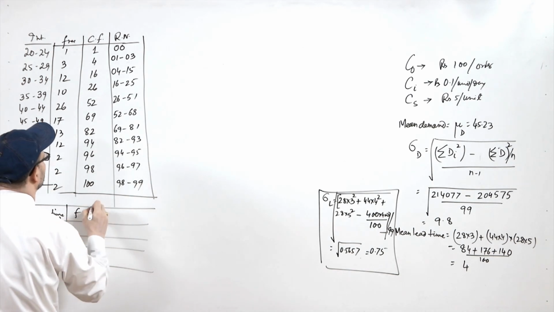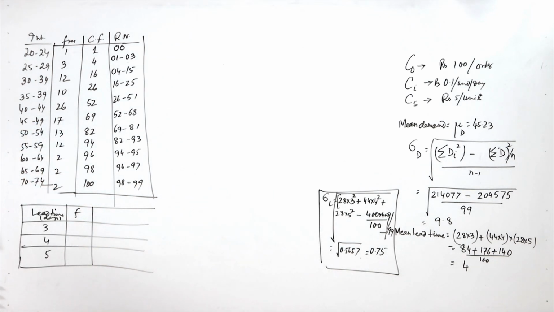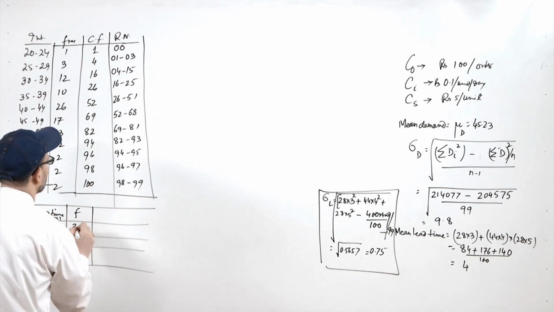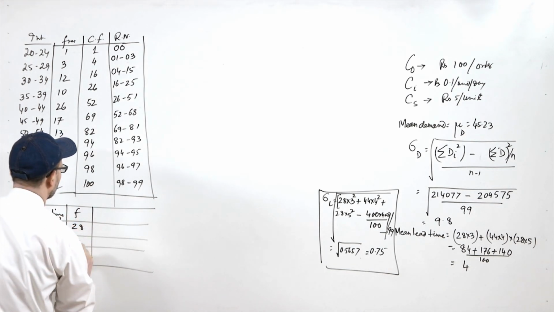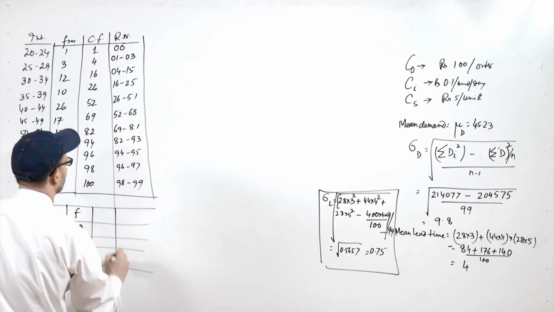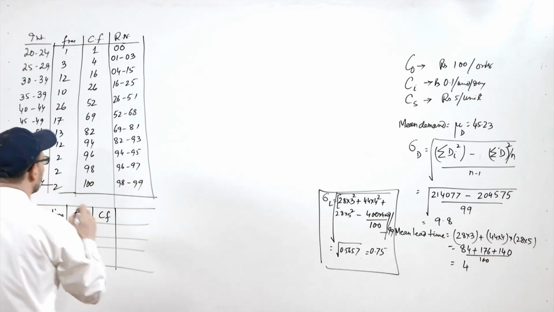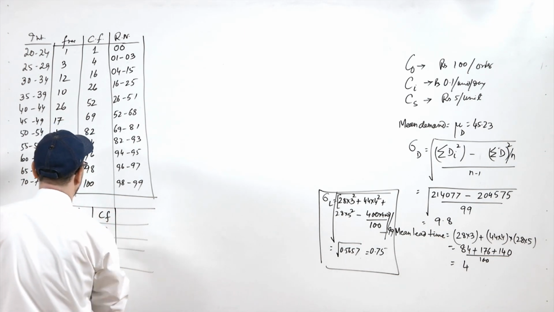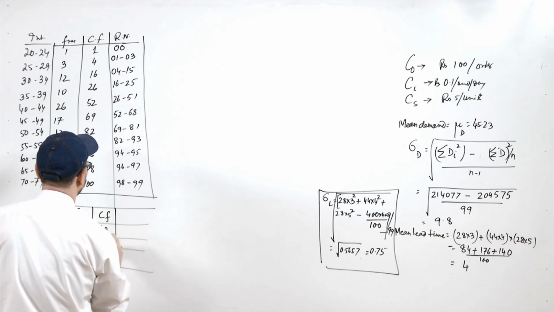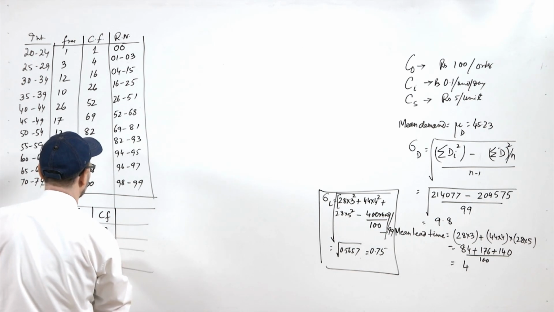Its frequency is given as 28, 44 and 28. Then its cumulative frequency comes out to be 28, then 72, and then 100.